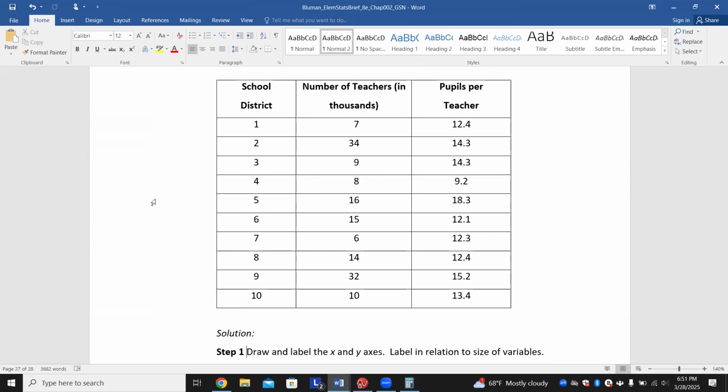One was 16,000, had about 18.3 students. One was 15,000, which had about 18.3 students. One was 6,000, had 12.3 students. One was 14,000, had 12.4 students. Can't really have part of a student, it's just how the ratios go. One had 32,000 with 15.2 students, and one was 10,000 with 13.4 students.